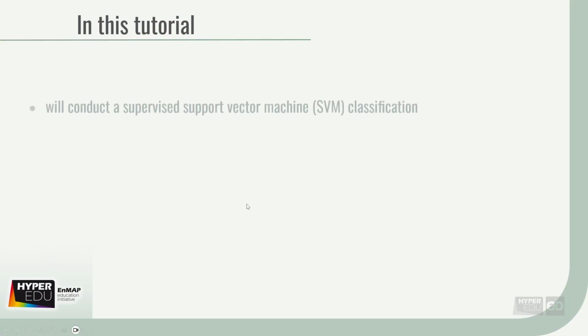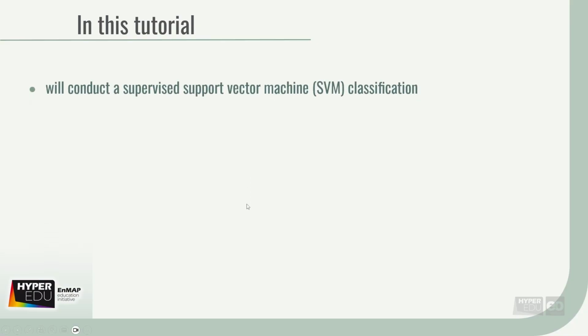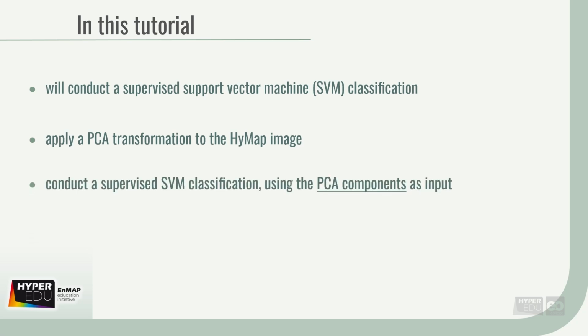Today, we will conduct a supervised support vector machine (SVM) classification using the original HyMap bands. Then, we will apply a PCA transformation to the HyMap image to reduce dimensionality by feature extraction.